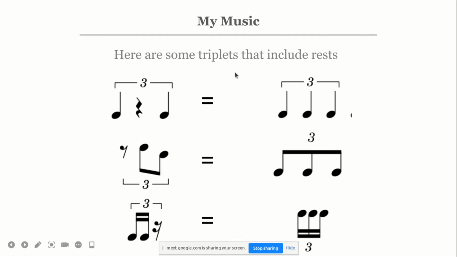So we can also have rests in triplets. For example, we could have these 3 crotchets with a triplet, and the middle one is a rest. It's equal to this one on the right, which is just 3 crotchets with a triplet.